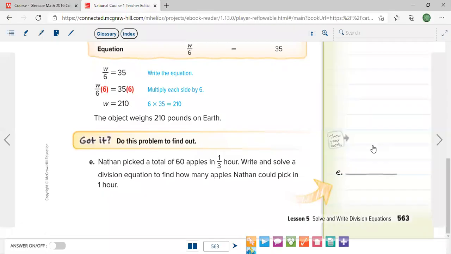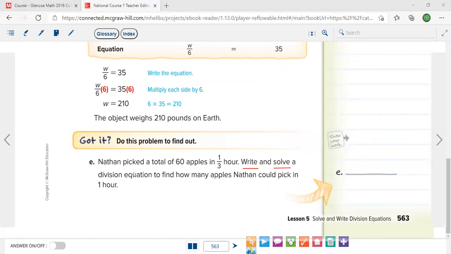Now in question E, one of the important questions that you need to write and solve. If you didn't write it accurately, you are solving another problem, not the problem that we want. Nathan picked a total of 60 apples in a third of an hour.